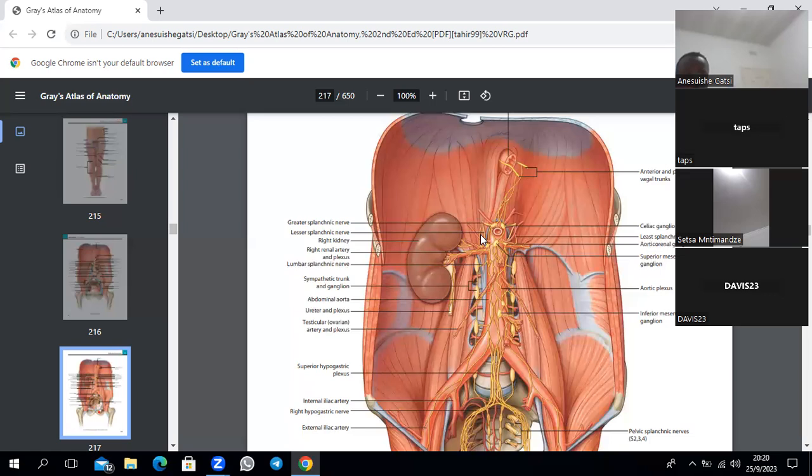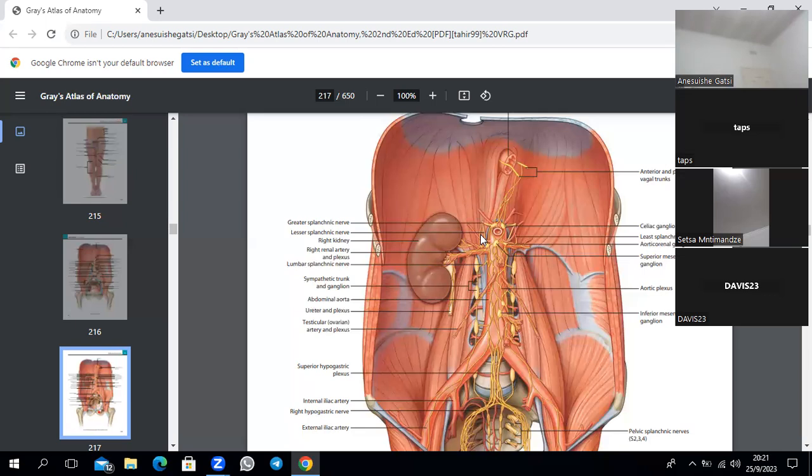Can you repeat? So lateral we said ilioinguinal, iliohypogastric, lateral cutaneous nerve of the thigh, and the femoral nerve.